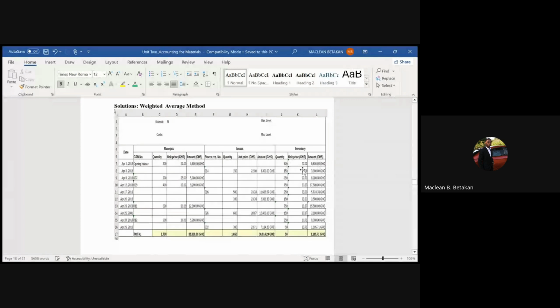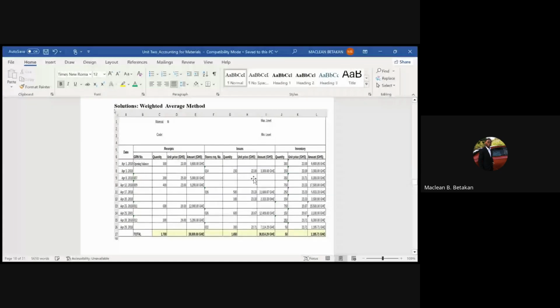So you are going to get 22. So use that 22 to issue out. And how much is left? 150 is left, and then you issue out 3,300. Subtract it from 6,600. You get 3,300. So to get a value, you say 3,300 divided by 150. You get 22.